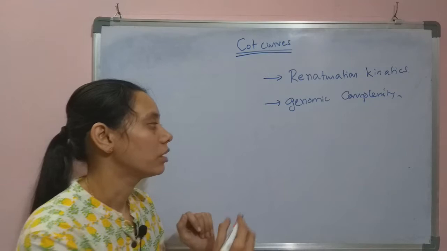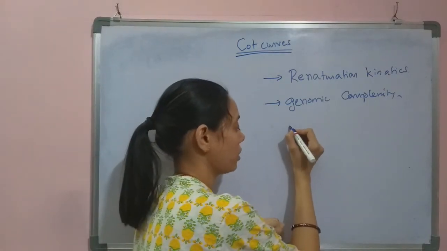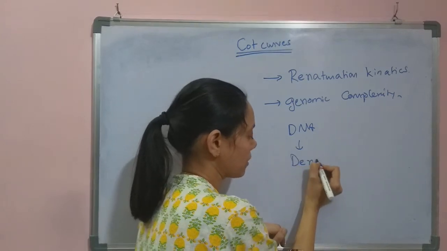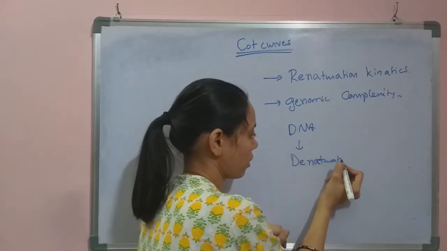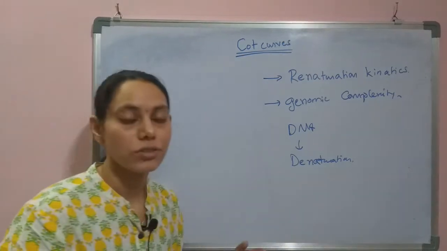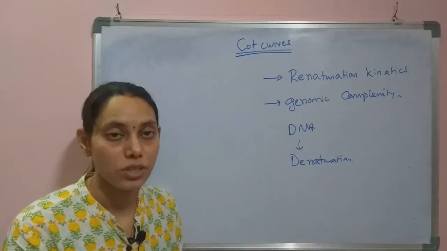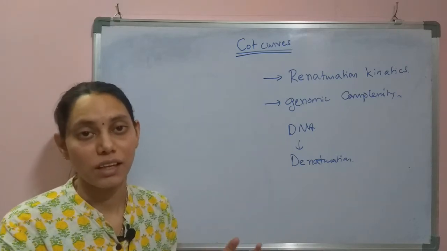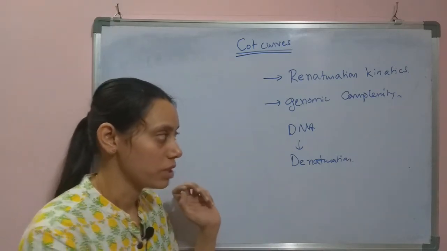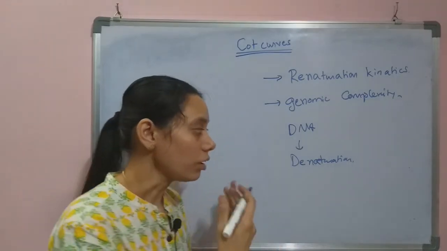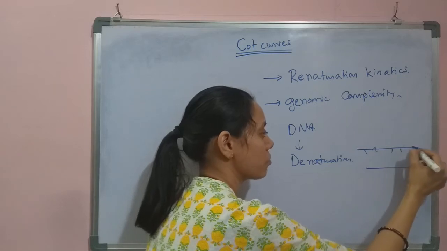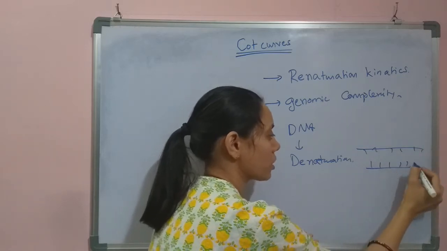If the genomic DNA is subjected to temperatures higher than its melting temperature, the DNA will be denatured. That means the two strands of the DNA will be separated by breaking the hydrogen bonds between them.